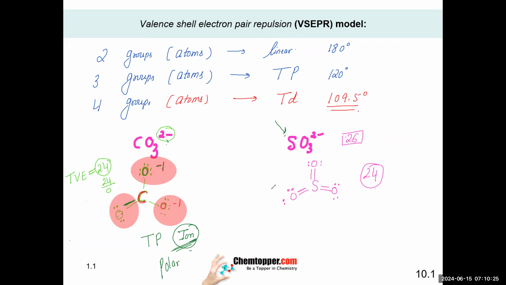Can you see sulfur is already with 6? 1, 2, 3, 4, 5, 6. It cannot hold these 2 more electrons. So sulfur is done, oxygen is done. So this structure is wrong. This is actually of SO3, not of SO3 2 minus. Okay, let's discuss SO3 then.